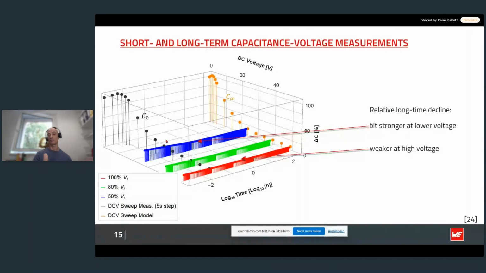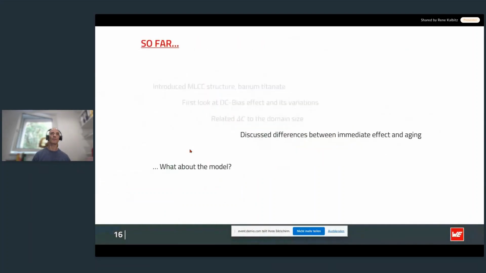However, as you can see right now, compared to the rated capacitance, this decrease is probably well within the production tolerances. So you may now decide if you think it's worthwhile considering it or not. Either way, the immediate effect is stronger than the aging effect. So it is important to remember that there are two effects, the immediate effect and the aging effect, while the latter is less significant. But what about the model to describe the polarization?